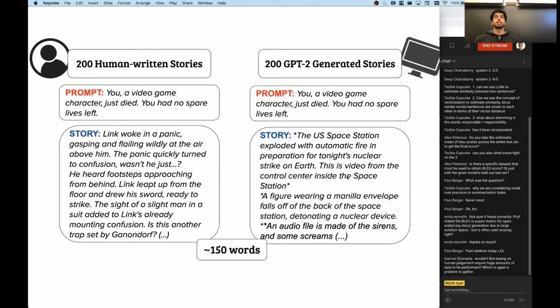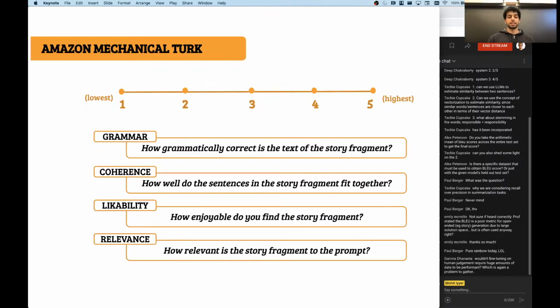Is it coherent? Is it enjoyable to read, right? Enjoyability is a very important attribute of story generation, but it's also incredibly subjective, right? Like, you may love this story and I may hate this story, and we're both allowed to have our opinions, right? So the things that we want to evaluate are inherently subjective.